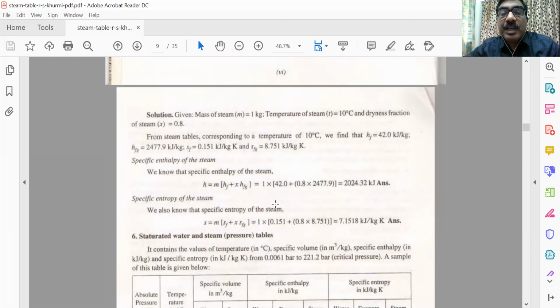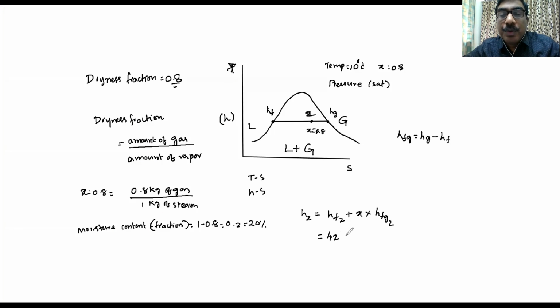M we are taking as 1 kg. Let us calculate: 42 plus 0.8 into 2477.9. So this must be the enthalpy at this particular point.